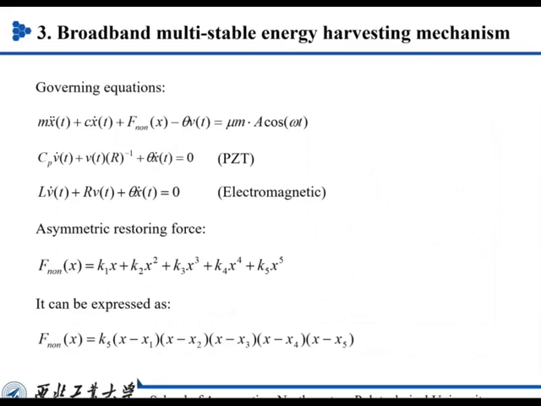If the harvester is an asymmetric one, that means in its restoring force, K2 and K4 cannot be equal to 0 at the same time. And we can find it has five equilibrium positions, and they satisfy the equation at the bottom of this page.